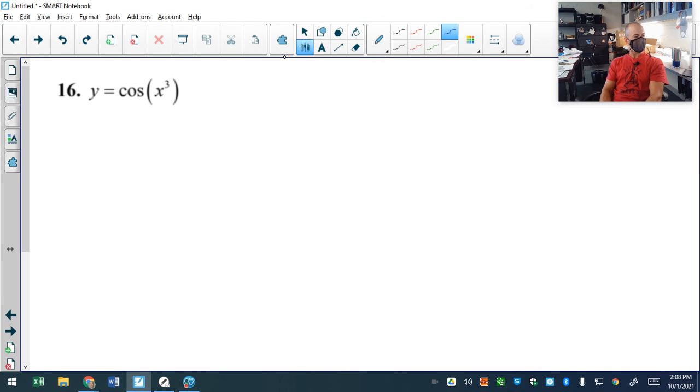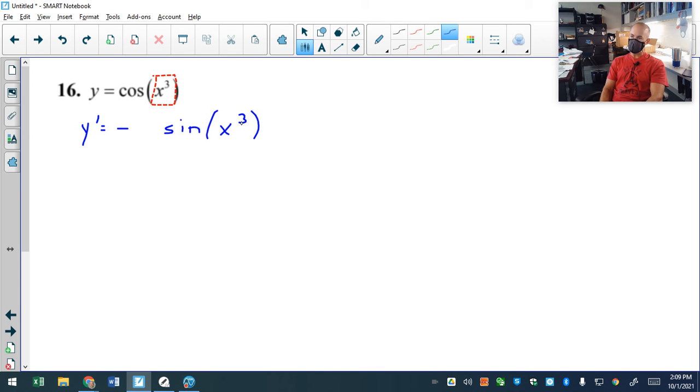The derivative of, first you need to recognize that x cubed is the inside function. We will ignore that. That's our gum. We'll leave that alone. And the derivative, we'll start with the cosine. Derivative of cosine is negative sine. Now I'm going to leave a little bit of space there. Leave x cubed alone.